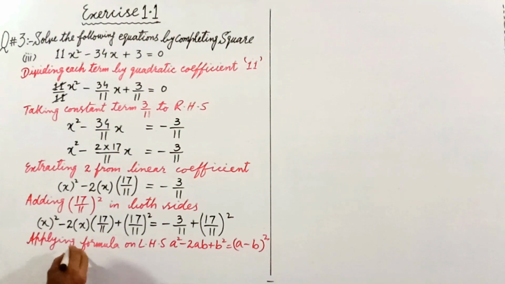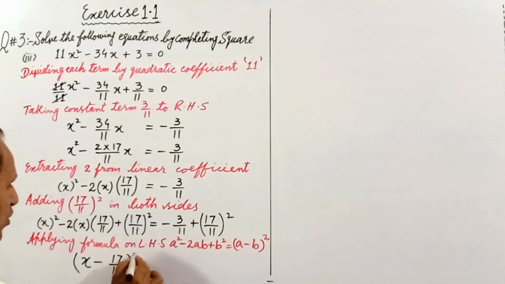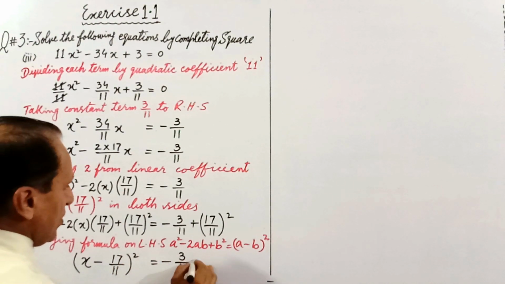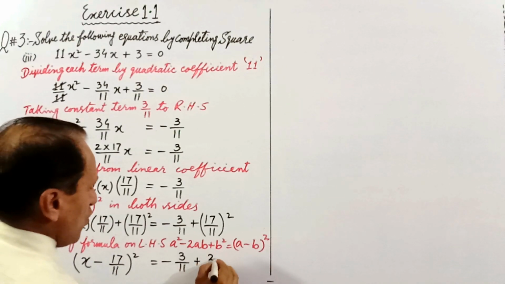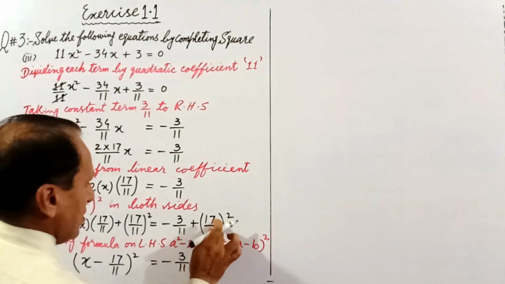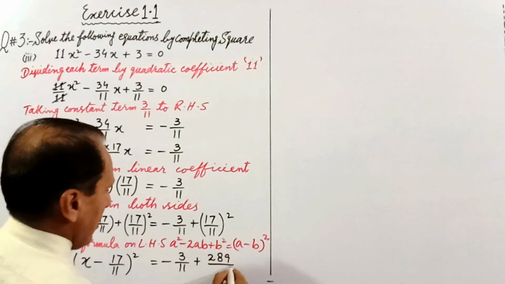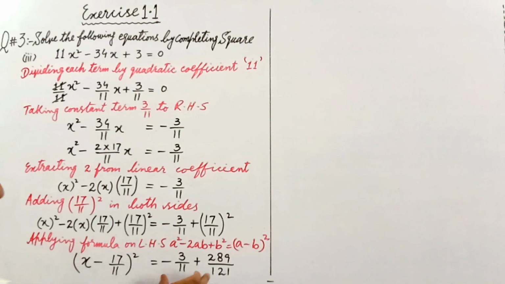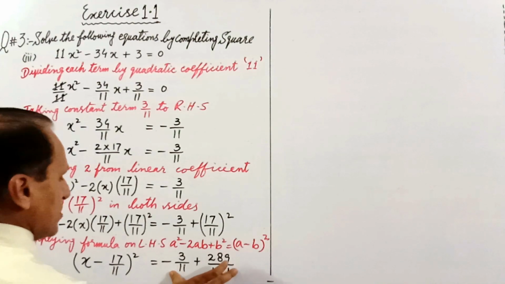According to this formula, we get x minus 17 over 11 whole square is equal to minus 3 over 11 plus 289 is the square of 17 and 11 square is 121. In the next step, we take LCM of the right hand side.